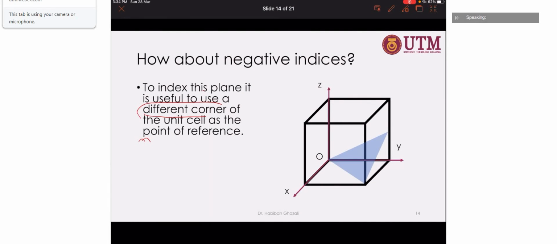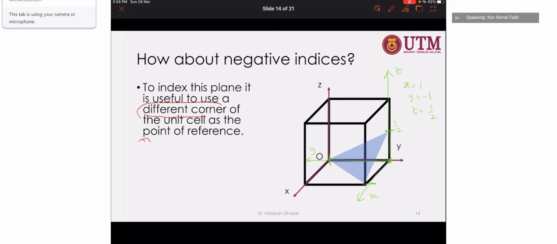Again, now this is the origin. X, Y, and Z. So X equals 1 where it crosses here, y equals -1, and z, let's say this is half, so z is positive half.